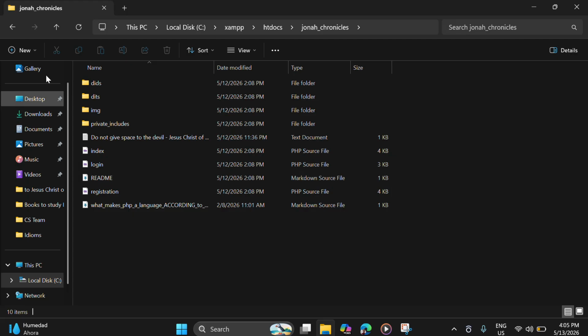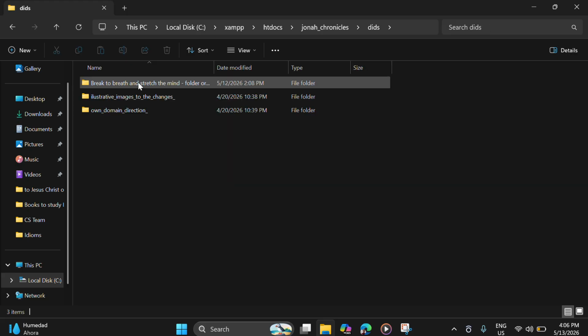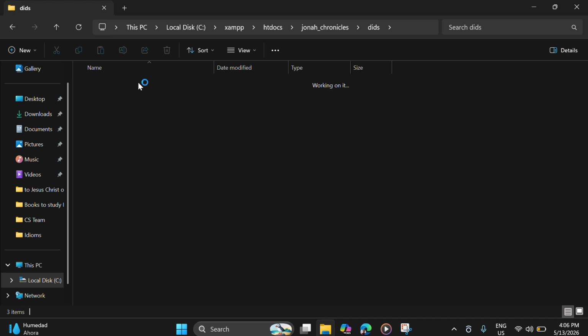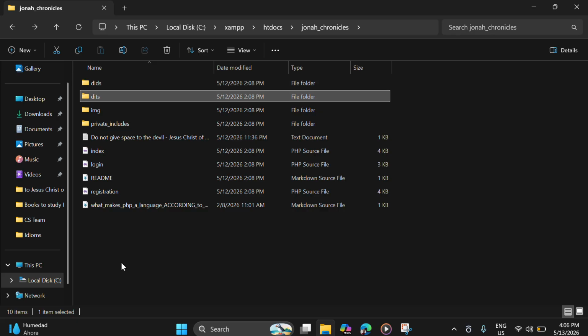Here is the structure of the project. You have a dits folder. The distribution folder is where you put things that usually do not exactly belong to the project, but are externally helping the project.